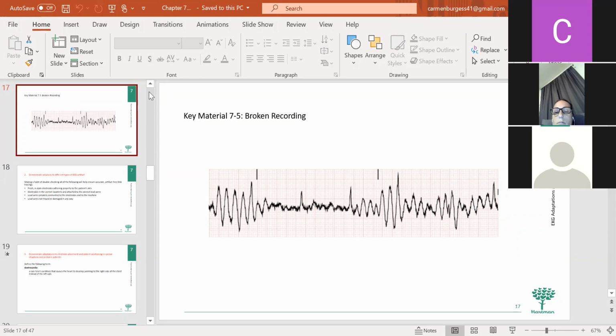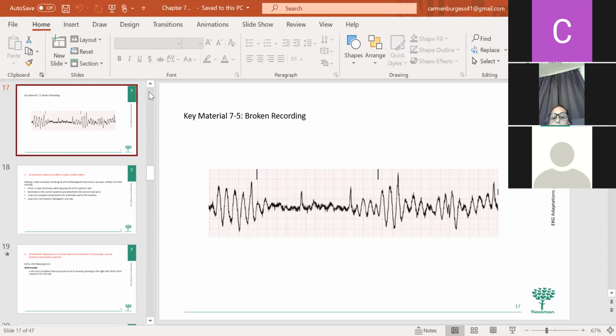Telemetry has come a long way, so you probably won't see this as much. But again, electrical interference can happen because you're trying to pick up the electrical activity of the heart. If the patient's got their cell phone right next to you, they're holding their cell phone with their hand while you're doing the EKG, and everybody else is on their computers, sometimes it just picks it up.